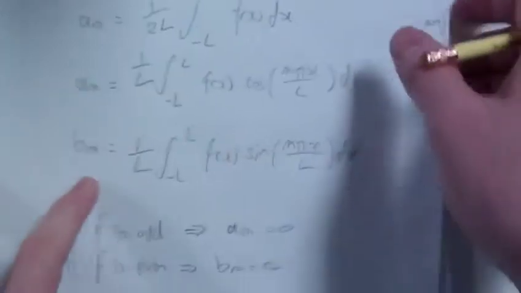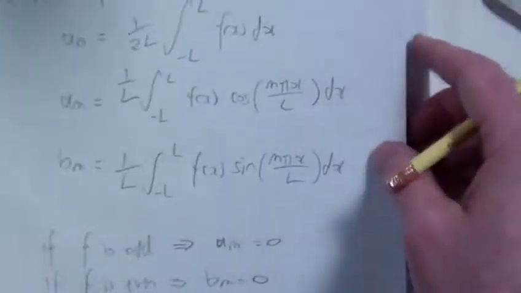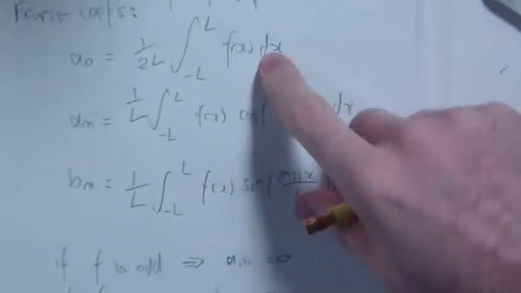So, doing okay. This thing here, if your f is the right kind of function, then you don't need to go from minus L to L, you can go from 0 to L. Because if f is, say, an odd function, then this will just be 0.